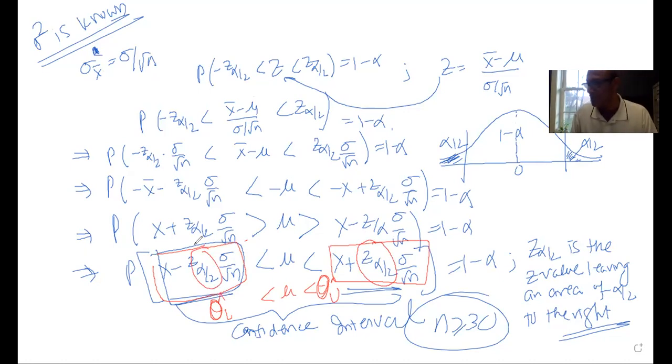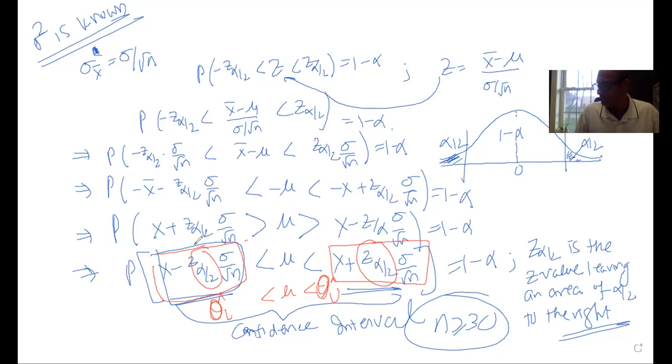So the larger the value of z alpha by 2, the wider we make all the intervals, and the more confident we can be that the particular sample selected produced an interval containing it.